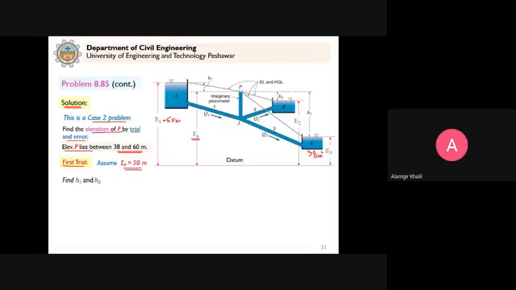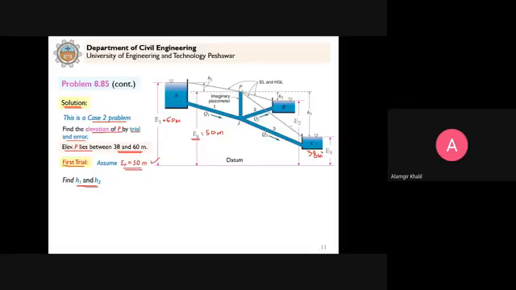Now EP is known, so we can calculate H1 and H3. The procedure I already explained in the previous slide.